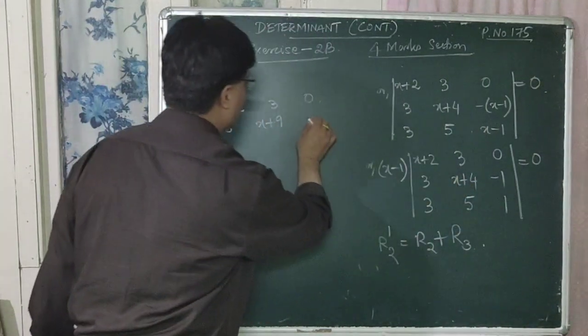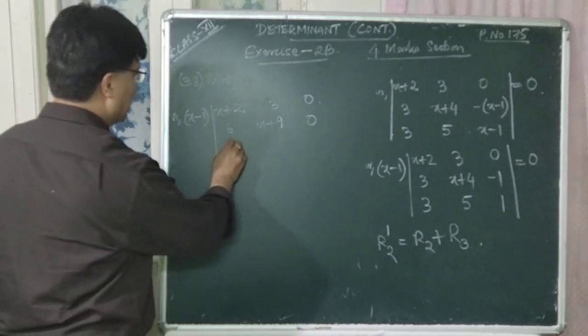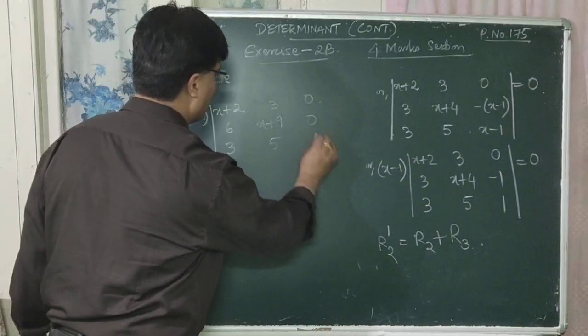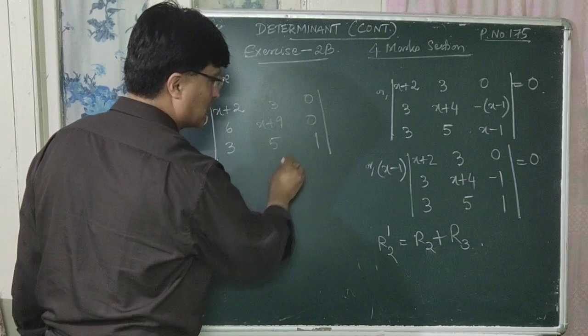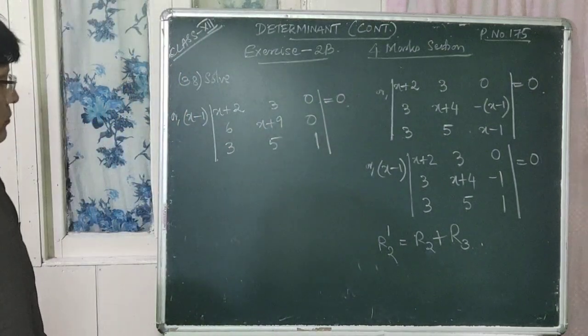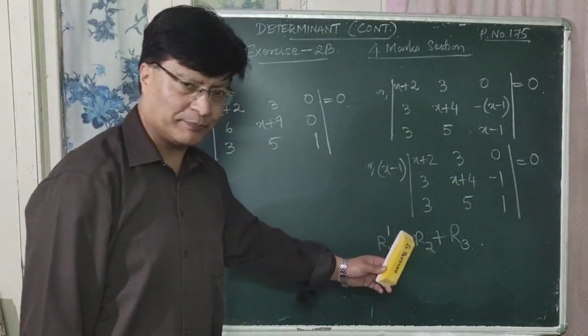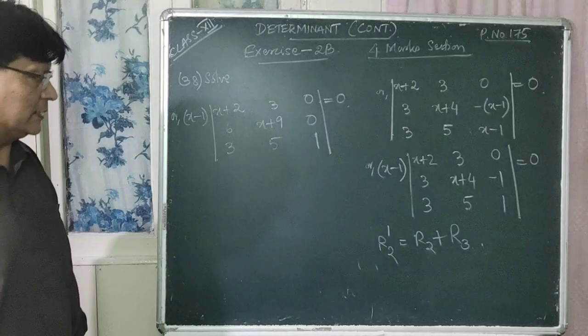And minus 1 plus 1 will be 0. Right? And third row remains same, that is 3, 5, 1. Determinant sign closed, which is equal to 0. Is that clear now? We are doing R2 plus R3 and row 2 is changing.